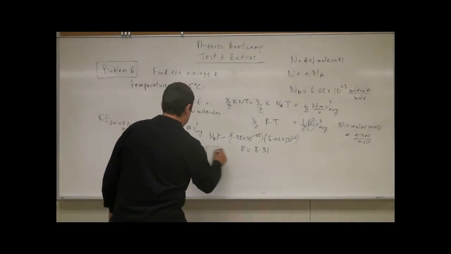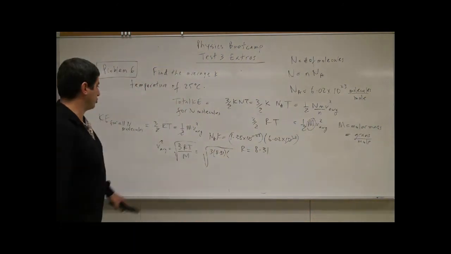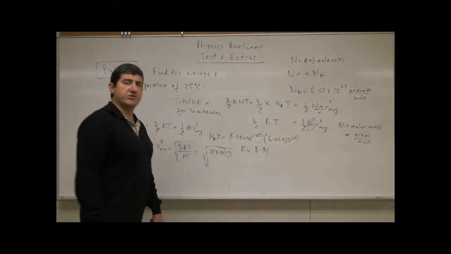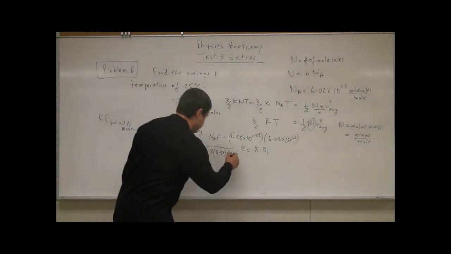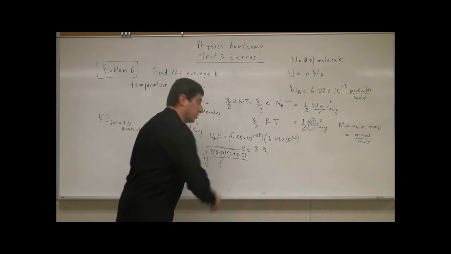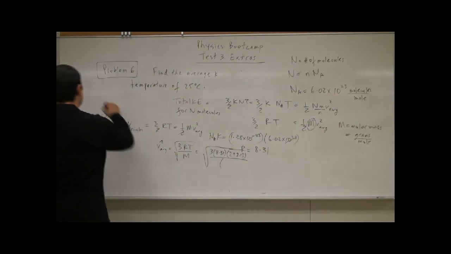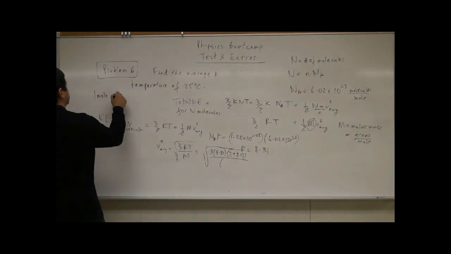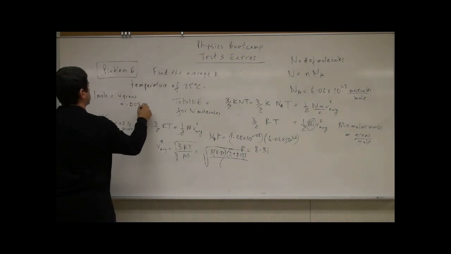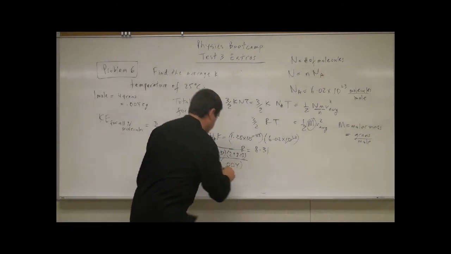So let's calculate it here. 8.31 times the temperature is equal to what? 25 Celsius, so that was what? 273 plus 25, 298.15 divided by the molar mass. So here's what we use. 1 mole of helium, right? 1 mole of helium is 4 grams. So you got to do 0.004 kilogram. You got to convert it to kilogram here. 0.004.